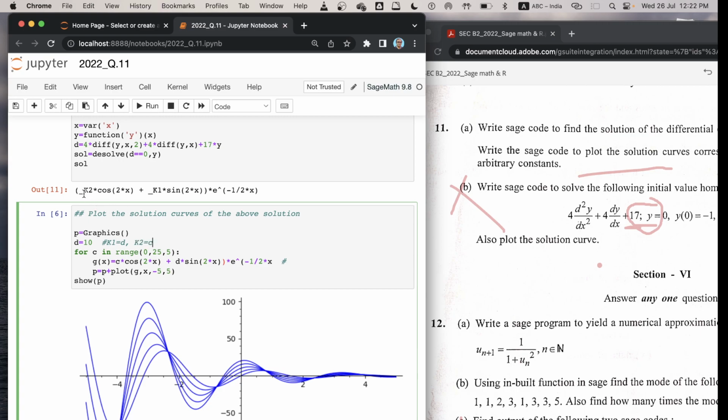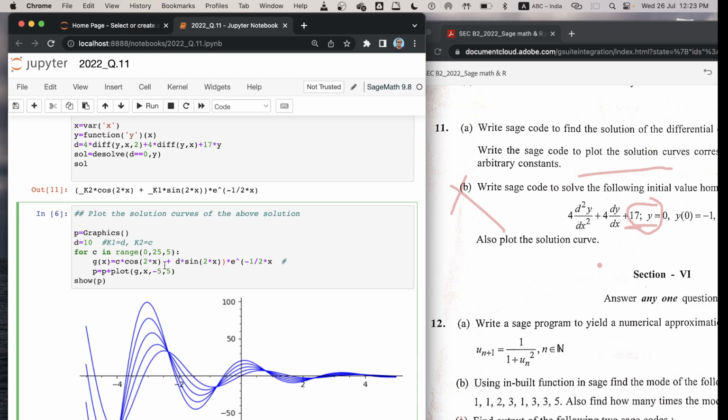So the general solution is then y equal to (c cos 2x plus d sin 2x) times e to the power minus x/2. First we set the arbitrary constant d equal to 10, then change the next constant c in range(0, 25, 5). The first value of c is 0 and d equal to 10.